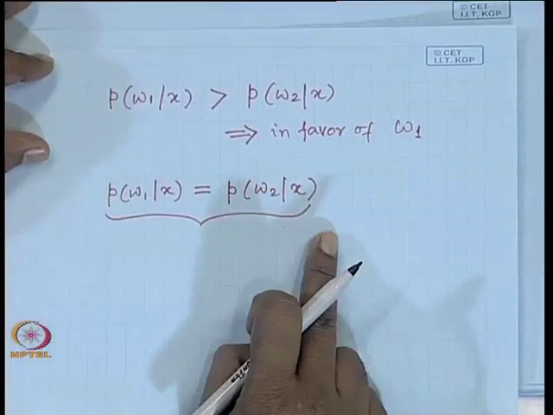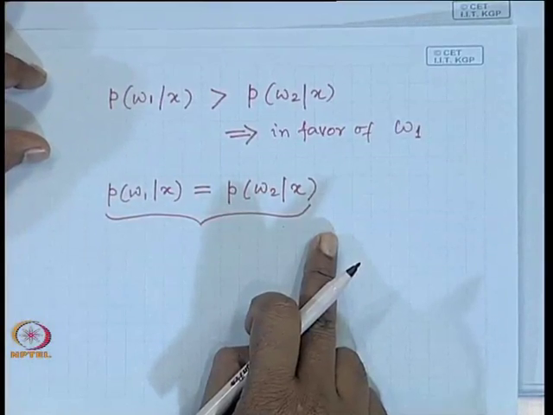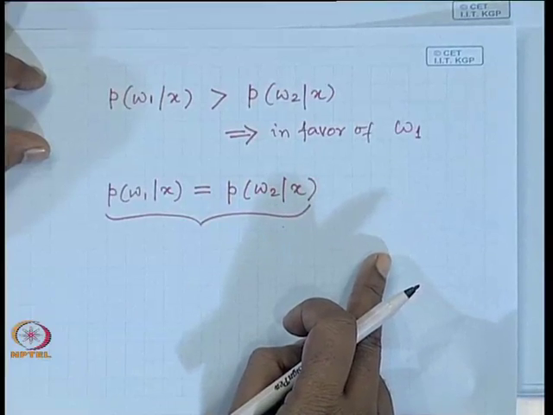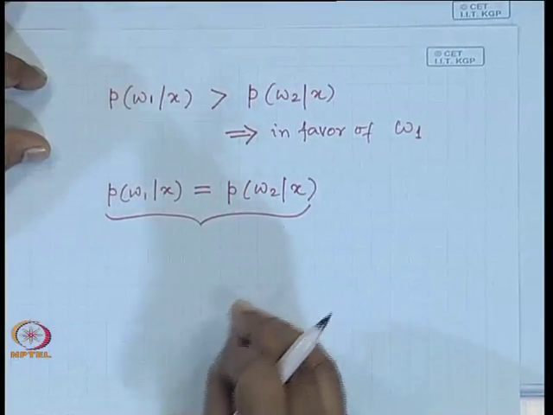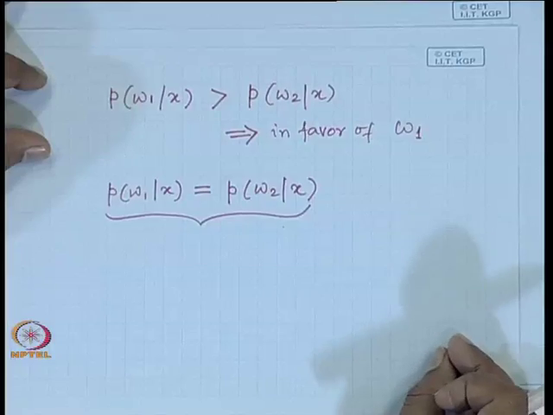In this case I have shown that if p omega 1 given x equals p omega 2 given x, I cannot take any decision. This no decision is also an action.